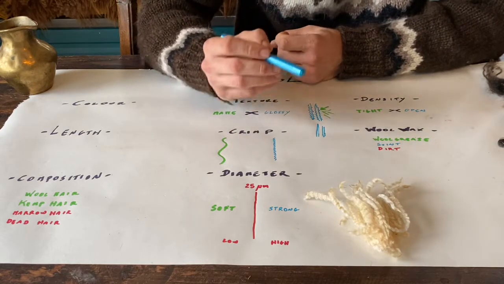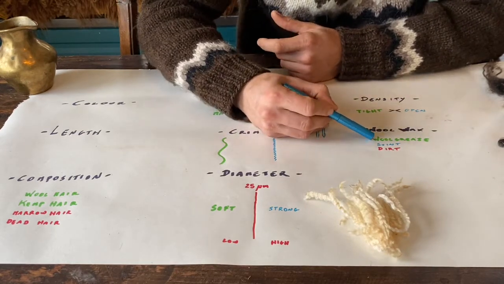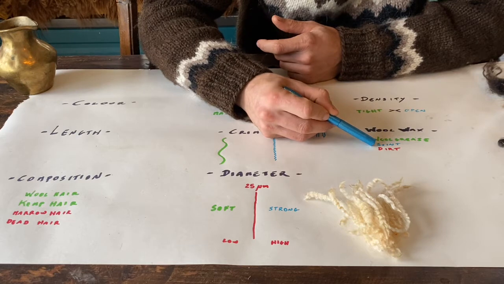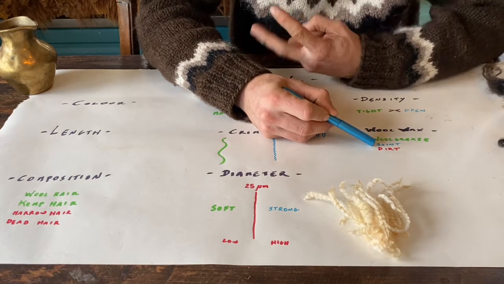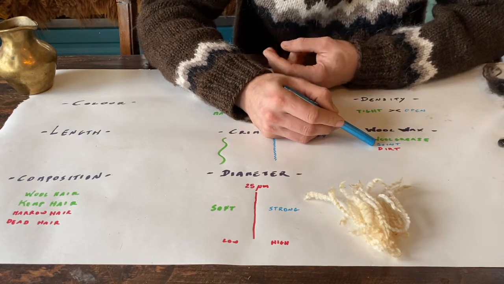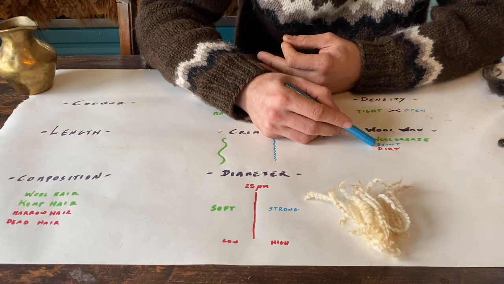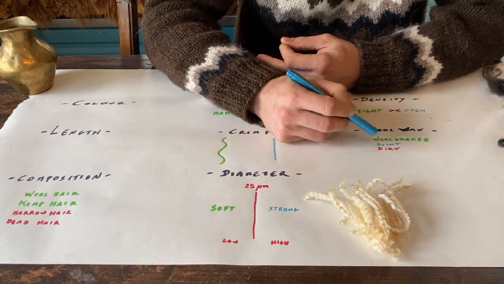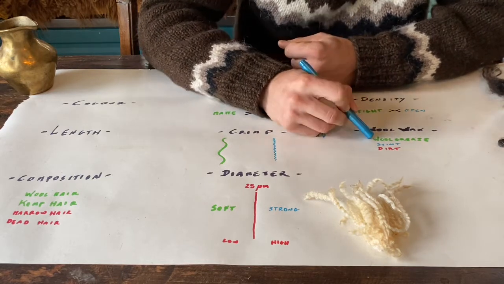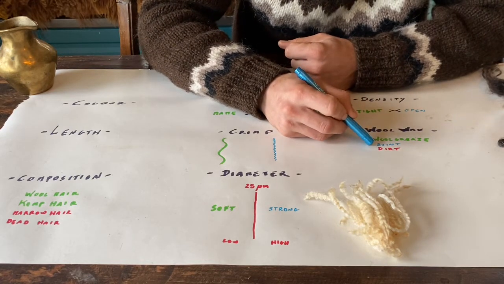The interesting thing about this is these two different parts, the grease and the suint, are produced by two different glands that are present on the root of each and every one of the hairs. So one is water soluble, the other one isn't.